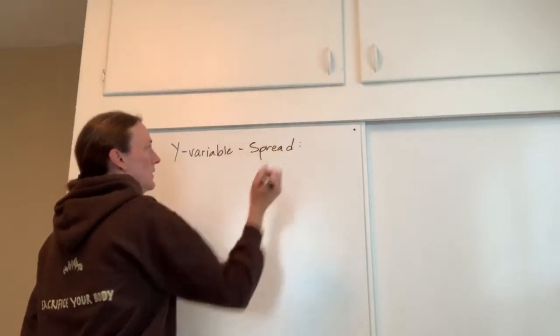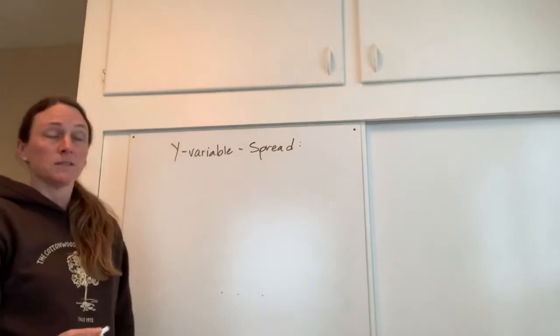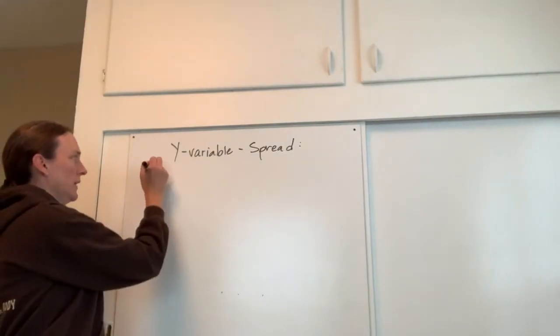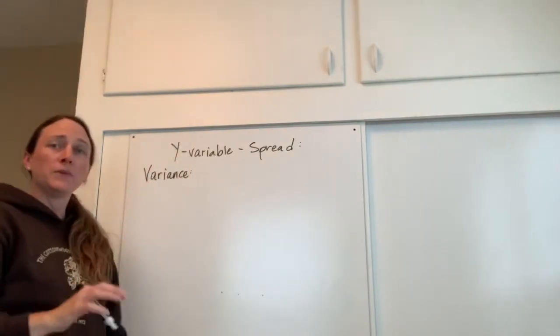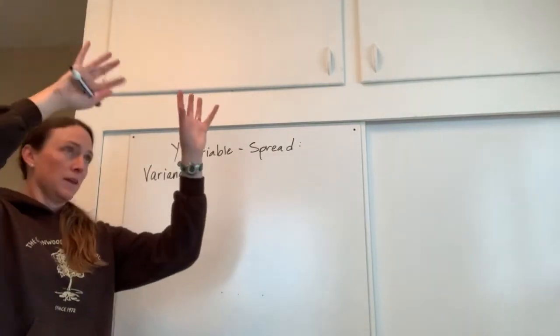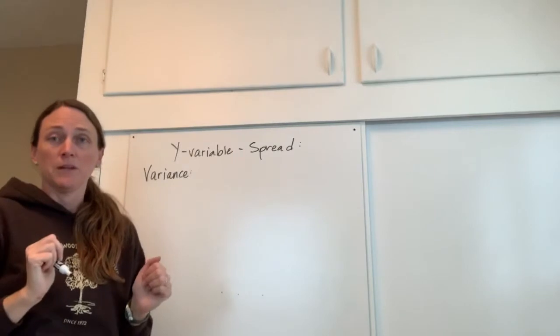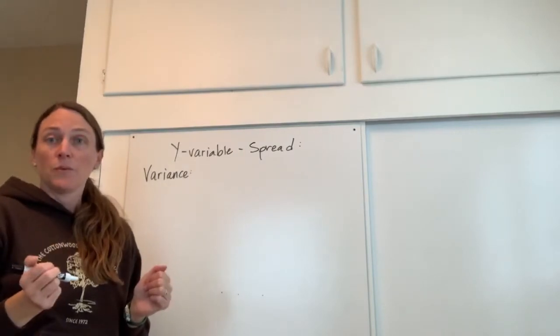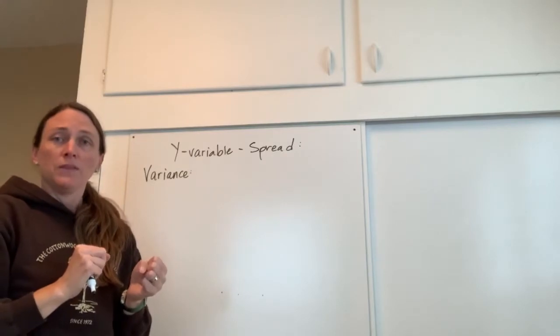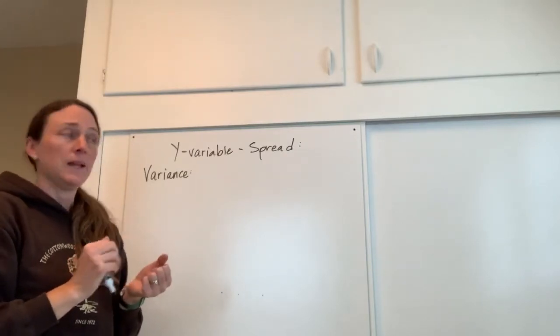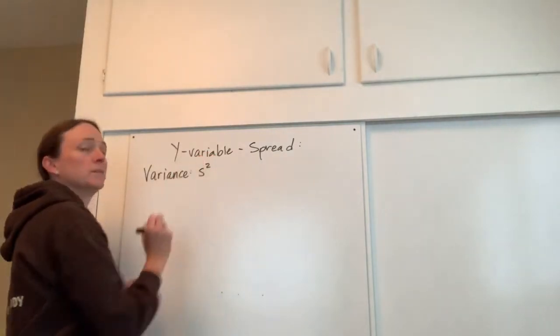The first thing I'm going to talk about is the variance. We denote the population level variance, remember this nebulous value that you can't measure, as sigma squared. And if we sample from a population, then we call it the sample variance, and we call that S squared.